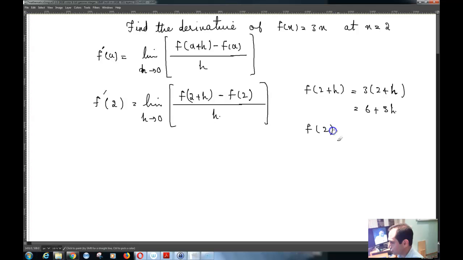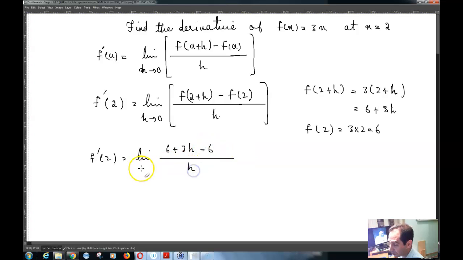And f of 2 is equal to 3 times 2, which is equal to 6. So I can write that f prime of 2 is equal to the limit of f of 2 plus h, which is 6 plus 3h, minus f of 2, which is 6, over h, as h tends to 0. You can cancel these two out, and then you can cancel the h's out.